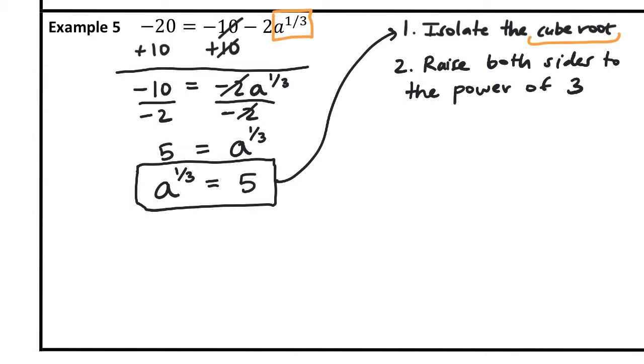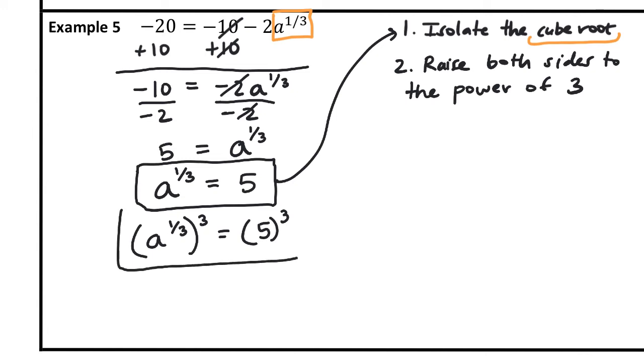Okay, so that would look like a to the 1/3 to the power of 3 equals 5 to the power of 3. So that is step 2. And then step 3 is just solve the equation.